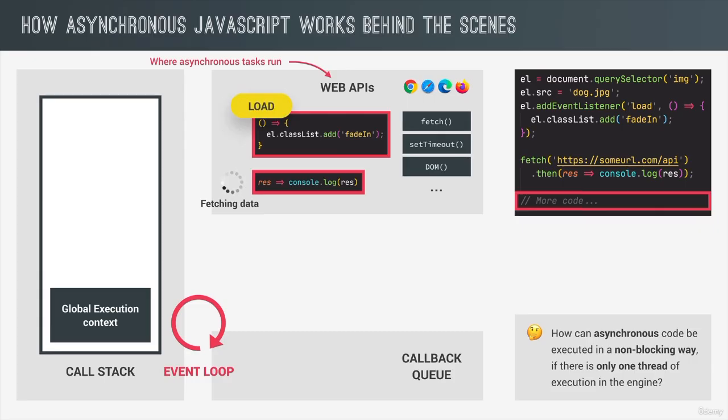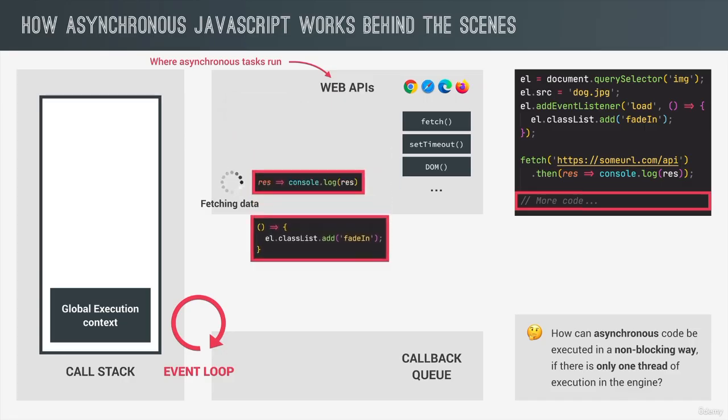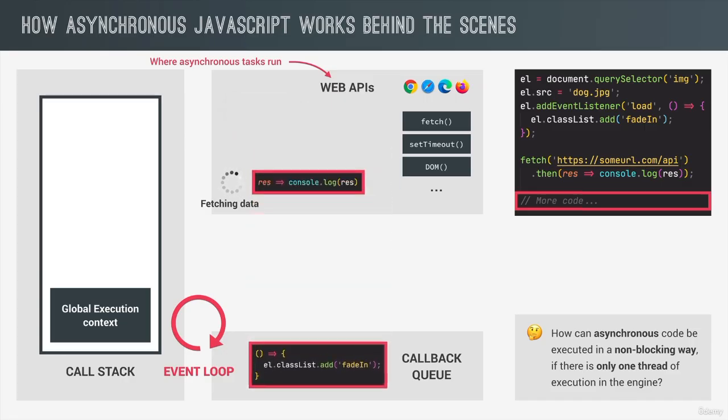What happens next is that the callback for this event is put in the callback queue. And the callback queue is basically an ordered list of all the callback functions that are in line to be executed. You can think of this callback queue as a to-do list that you would write for yourself with all the tasks that you have to complete.